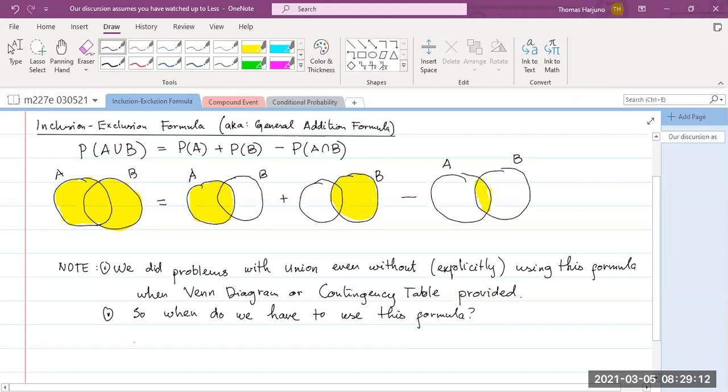That is when no Venn diagram or contingency table is provided.